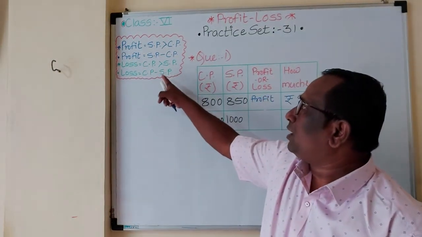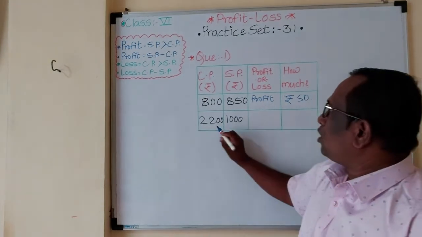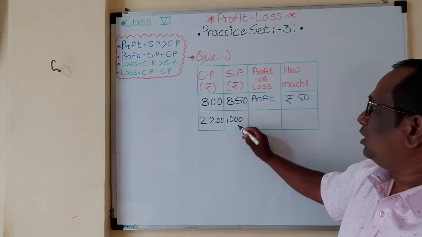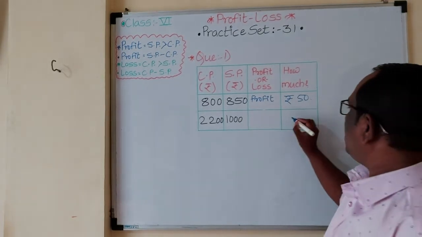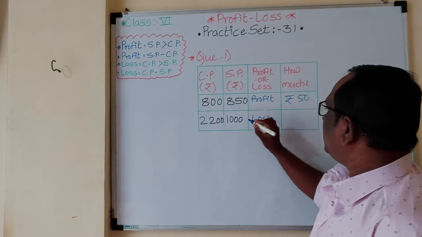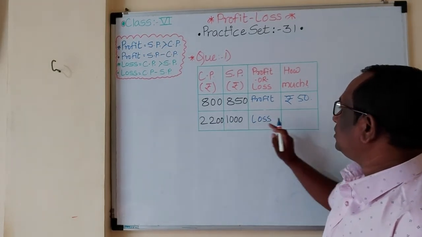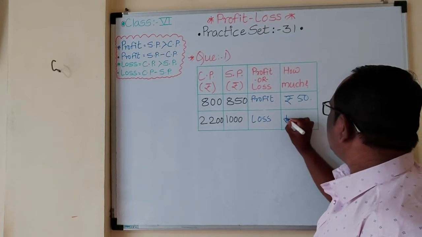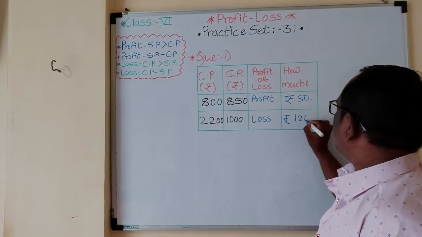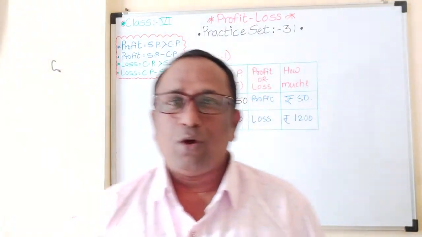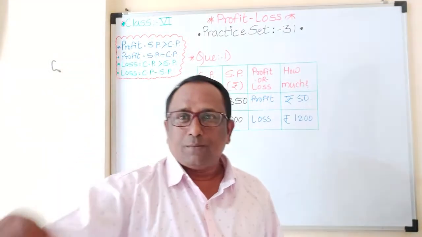Cost price is 2200 and selling price 1000, so 2200 minus 1000 is rupees 1200 loss. Okay students, I hope you understood this. The remaining four examples you have to solve.